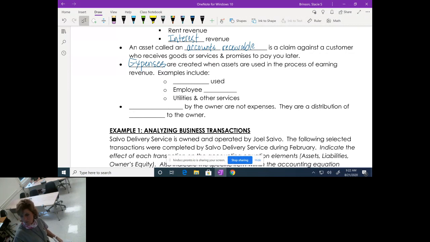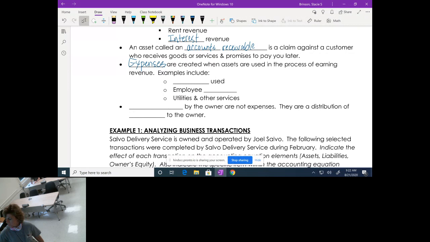All right. So some examples of expenses. I said supplies used. Well, just a minute ago, you said supplies are assets. Well, once they're used, they become an expense, which would be supplies expense. So you will have a supplies account that represents the asset.